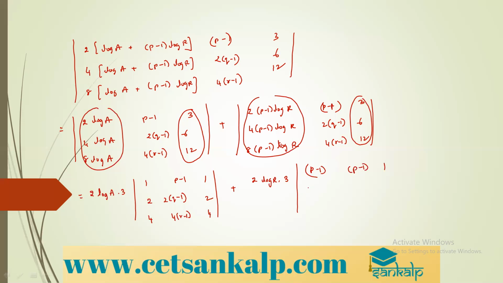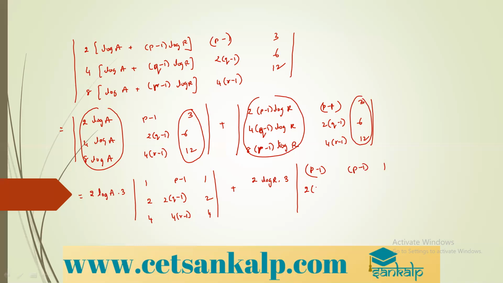Here, I will have 2 into, oh, one mistake I made here everywhere. You correct it. This should be Q minus 1, R minus 1. This should be Q minus 1, R minus 1.